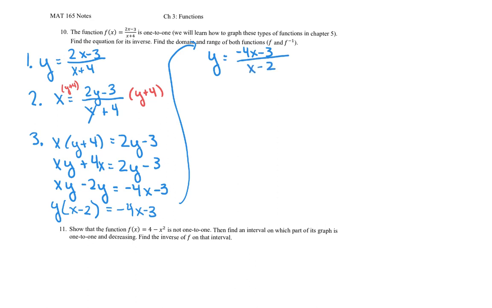And our very last step is to write this in our inverse notation. Now, we're asked to find the domain of the function and the domain of the inverse function.